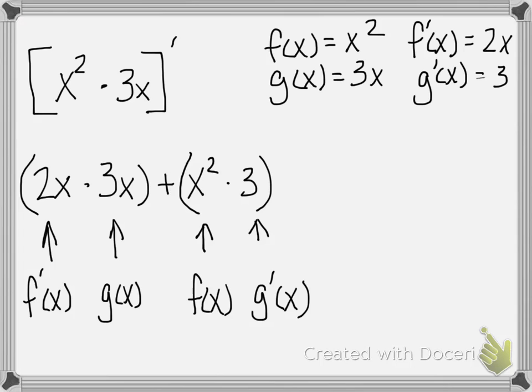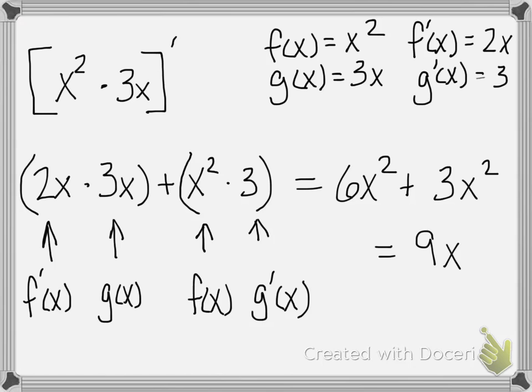Alright, so then whenever you actually just go through and work all that out, that's going to give us 6x squared plus 3x squared. So that is just going to be 9x squared. So there's just one example of the product rule.